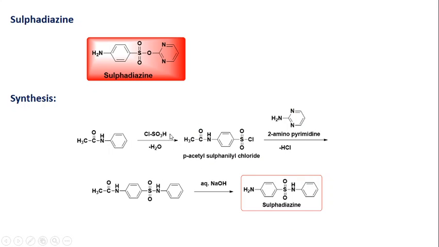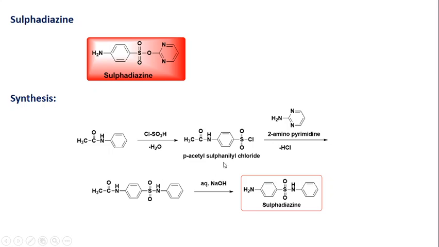This sulfonyl group reacts with the benzene ring and we get chlorosulfonation at the para position of this N-acetoaniline. Thus para-acetyl sulfanyl chloride is formed.